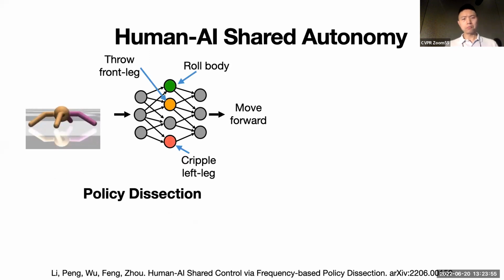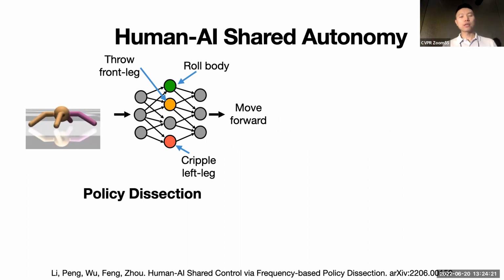To enable this kind of human-AI shared autonomy, we developed a method called policy dissection. It is analogous to our previous work on network dissection and GAN dissection, where we try to interpret the internal representations of the trained model. We want to identify the emergent knowledge inside the representation.